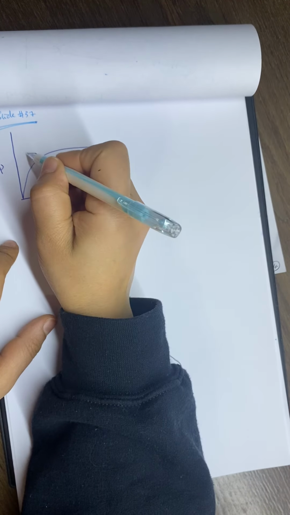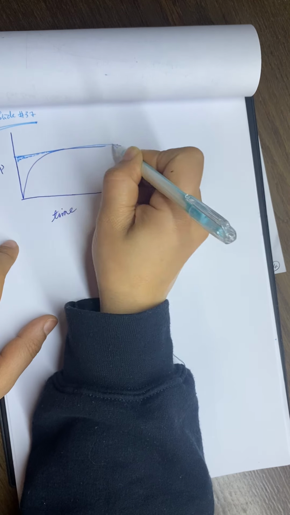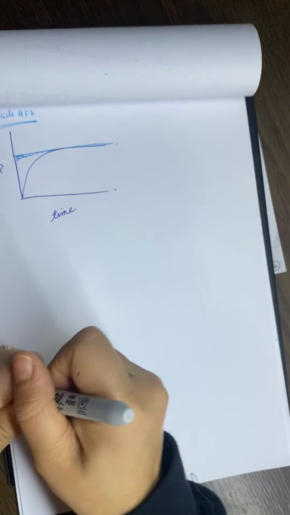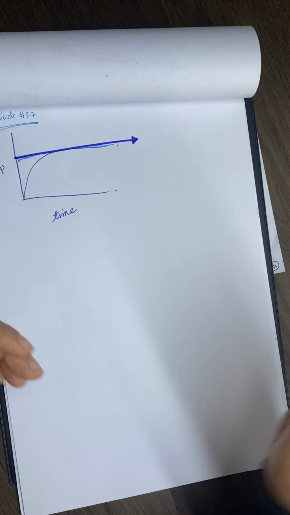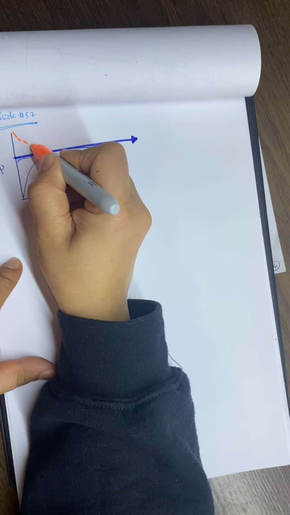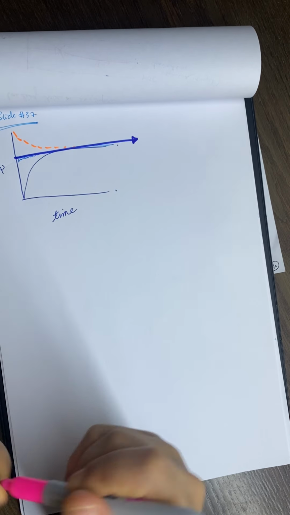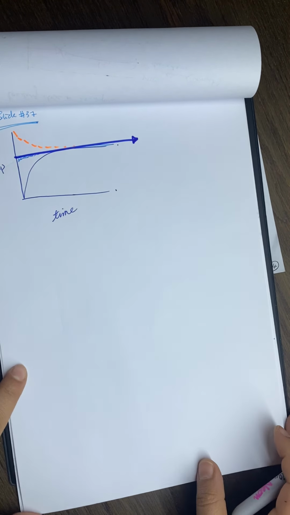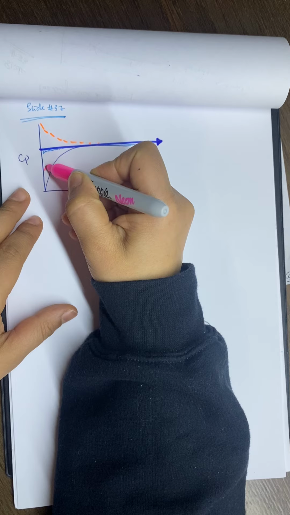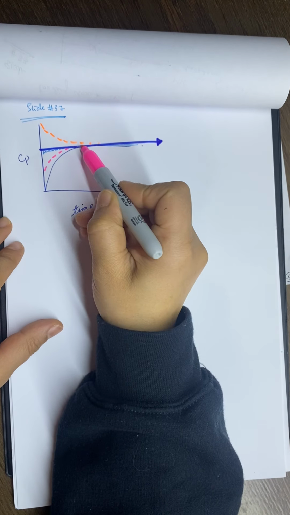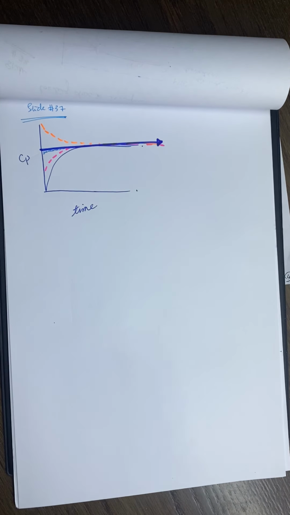Either we will have this as total concentration, or this as total concentration, or we had this little bit of a line, or this as total. And again, all of them will reach the steady state at the end in all the situations.